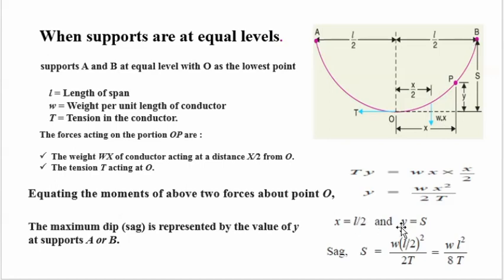So by putting these substitutions, we get equation of sag when supports are at equal level, and the equation is S is equal to W into L square divided by 8T, where W is weight per unit length of conductor, L is length of span, or L is distance of both these supports, and T is tension in the conductor.